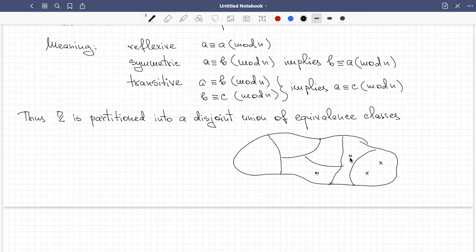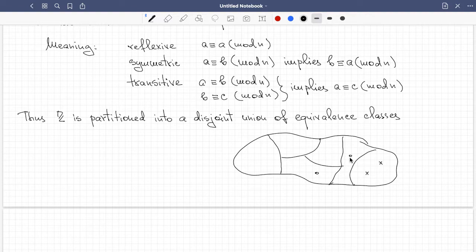That is something you should know in advance, and it has nothing to do with whether we deal with integers and congruences, or we just have a set and an equivalence relation on the set. As soon as we have it, we have a partition of the set into a disjoint union of equivalence classes.